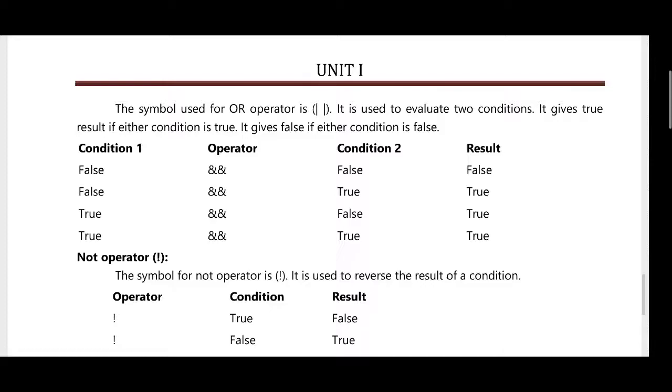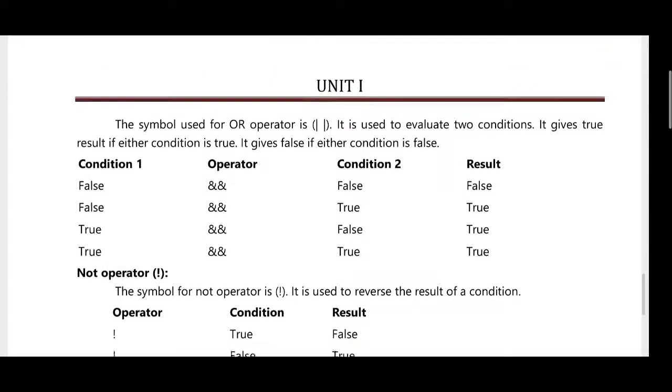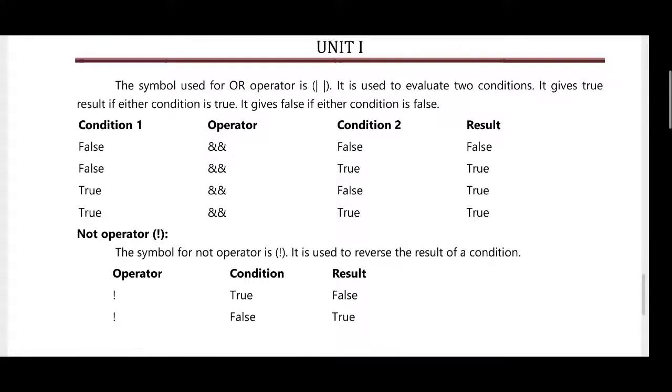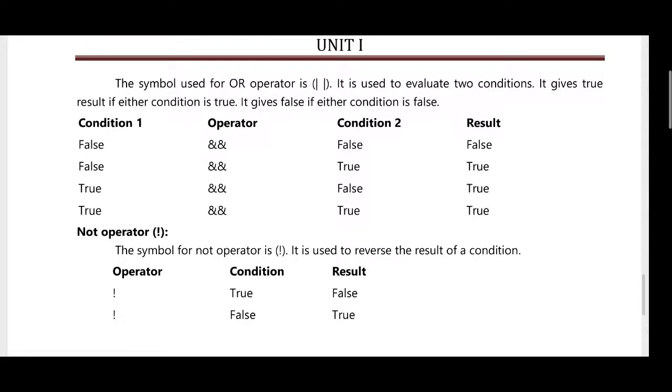The symbol used for the OR operator is used to evaluate two conditions. It gives a true result if either condition is true, and it gives false if both conditions are false.